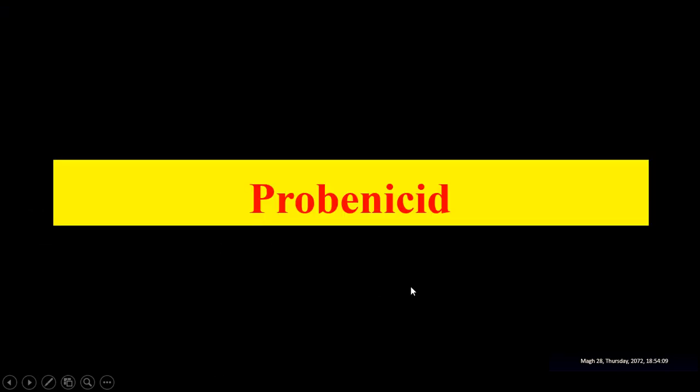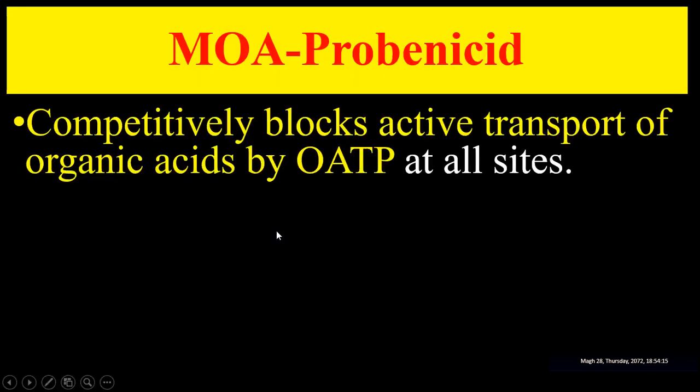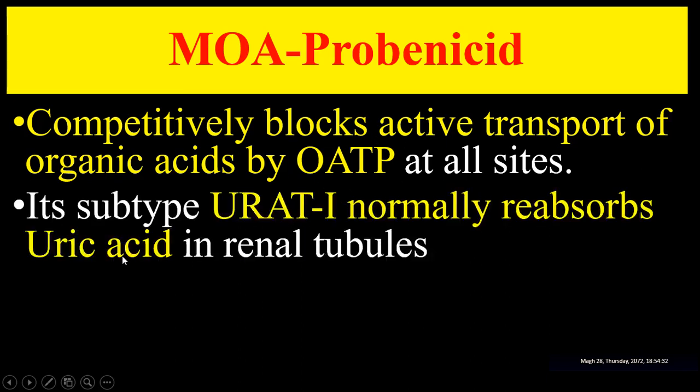Now we are heading to probenecid. Its main action is that it competitively blocks the active transport of organic acids by organic acid transport proteins at all sites. There are organic acid transport proteins, especially in the kidney tubules, and it stops them.